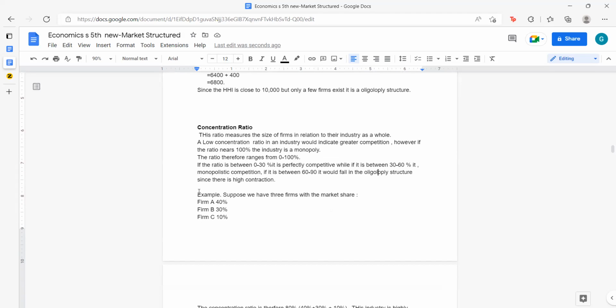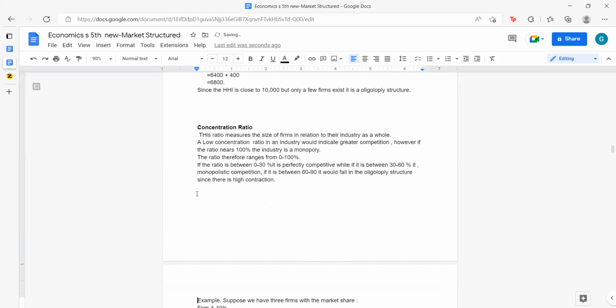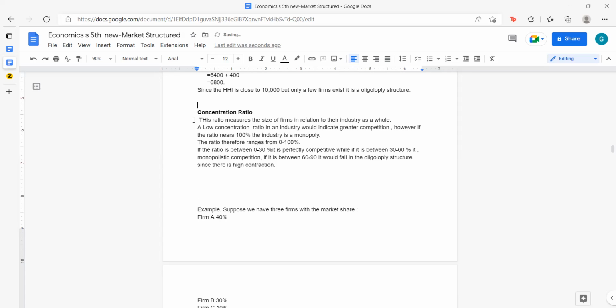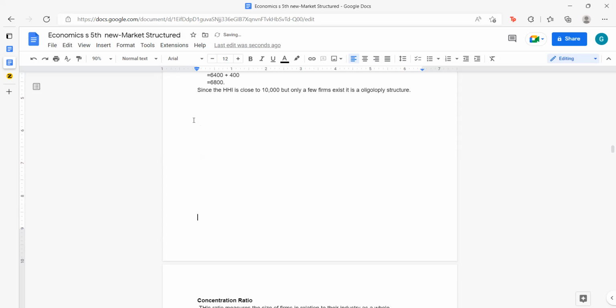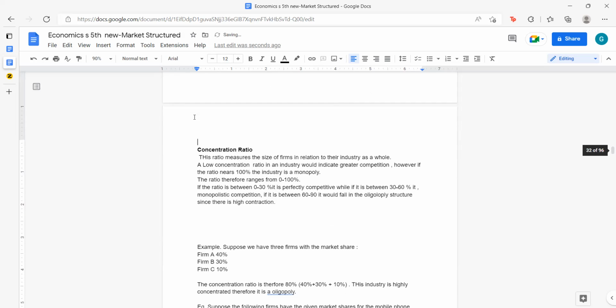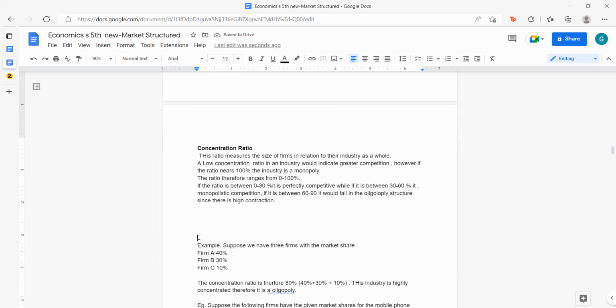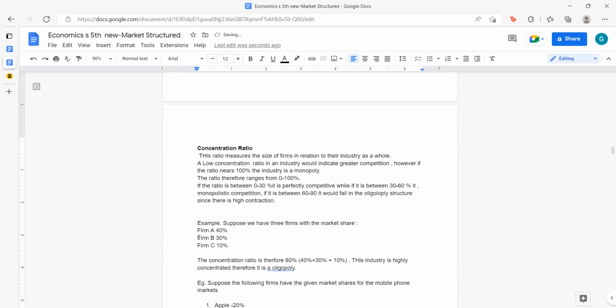So let's do an example to bring this out. Actually, I can bring this up and get us all on the same page. All right, I have three firms, firm A, B, and C. These three firms have 40%, 30%, and 10% market shares respectively.